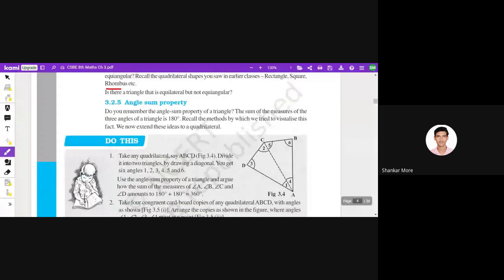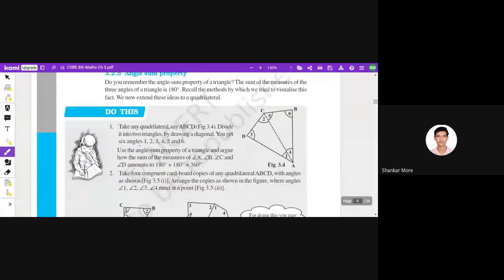If you see the first example given here, it is a quadrilateral, say ABCD. This is ABCD, a quadrilateral, and we are dividing it into two triangles. How are we dividing it? By simply putting a line here, AC. So there are two triangles here: ABC is one of the triangles, and ACD is the other triangle.